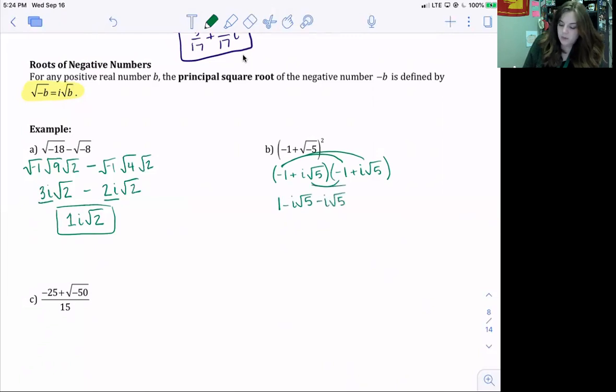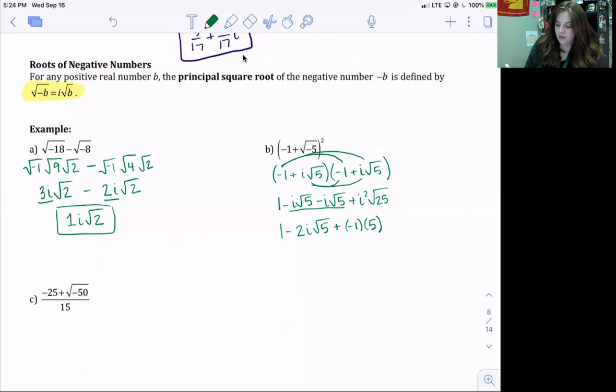And then i square root of 5 times i square root of 5 would give us i squared times the square root of 25. So we have 1. Negative i square root of 5 minus i square root of 5 gives us negative 2i square root of 5. Plus i squared is negative 1, and the square root of 25 is 5.